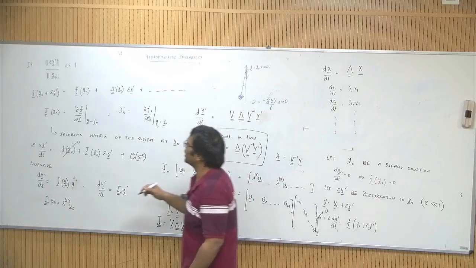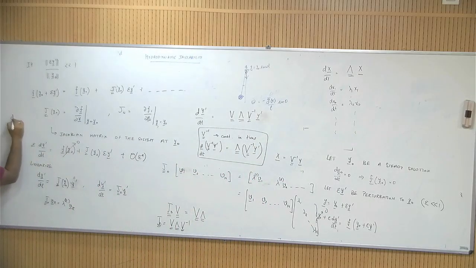For example, if I give you an equation like this, let us say dy1 by dt equals y1 plus y2 and dy2 by dt equals y1 minus y2, then what can you do here? Or rather, let us consider a simple example. Here it is y2, here it is y1, direct coupling, there is no self dependence.